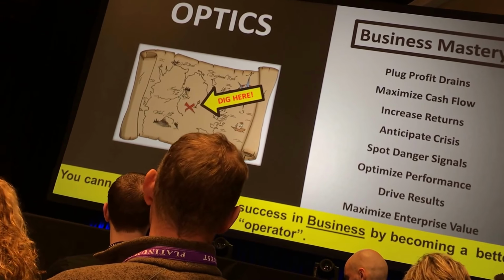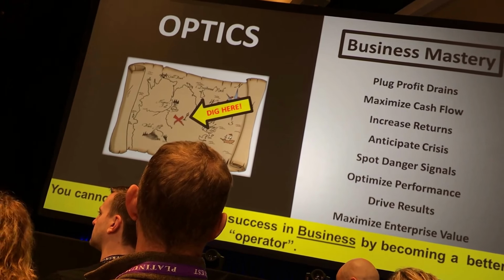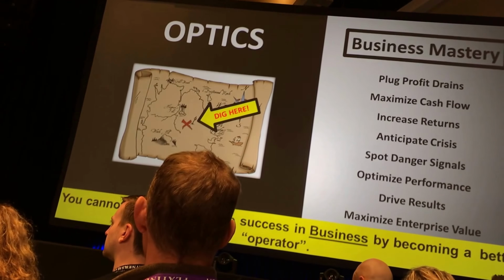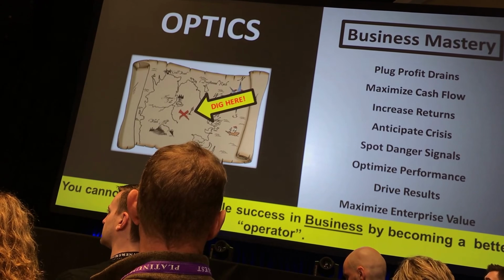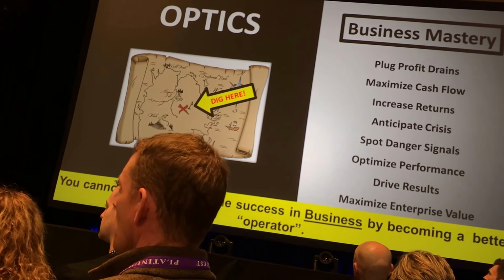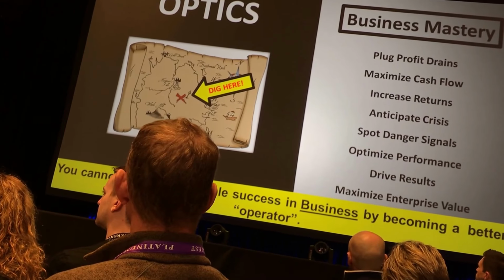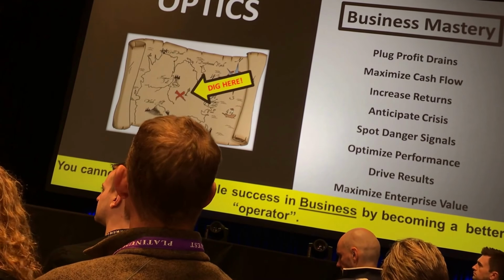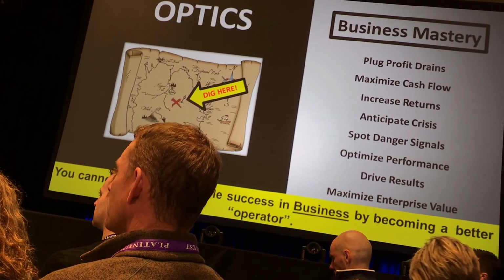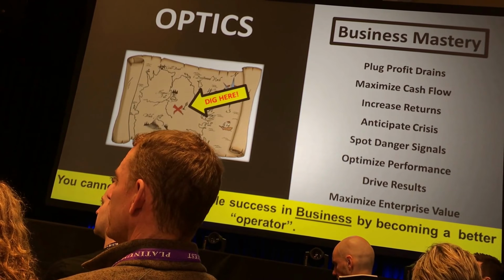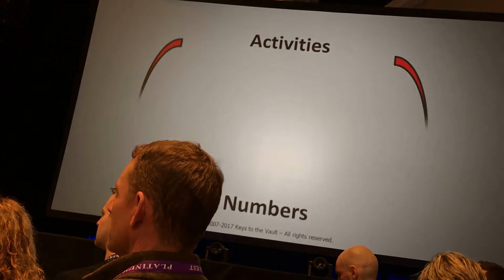Business mastery is understanding, here are the levers that I need to throw in order to drive performance. And there's not a way for me to become a better operator. Instead, what I need is owner skills and tools. I need that owner hat. I need the hat that gives me the ability to run my business as opposed to operate my business.